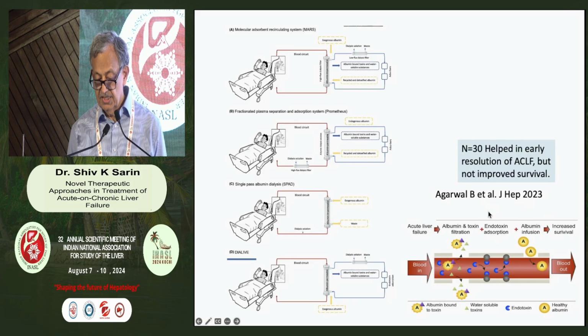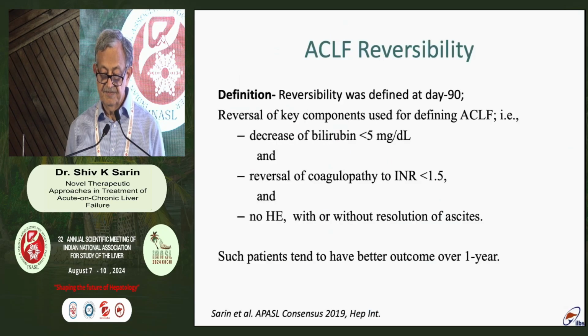This is shown by Dr. Jalan's group. The studies have shown that dialysis is a new method where they are removing the albumin bound toxins, and as the bad albumin is removed, they introduce new albumin which might delay organ failure.